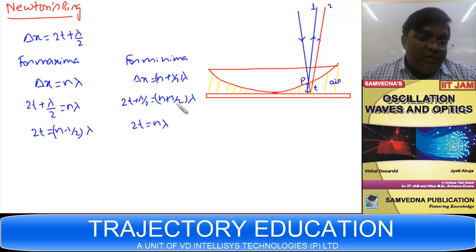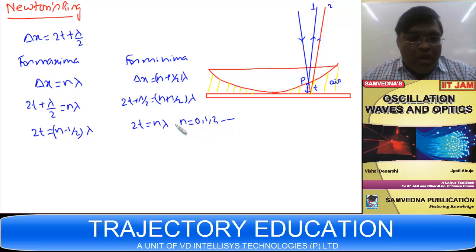You might say, why have you not taken n minus half? You can take n minus half. If you take (n minus half) lambda, then it will be (n minus 1) lambda, and in that case n will begin from 1. Here n begins from 0, 1, 2, 3, 4 like this. You can write n lambda, or (n minus 1) lambda, then the value from which n will begin will change.